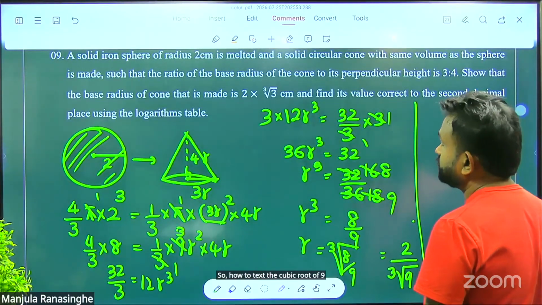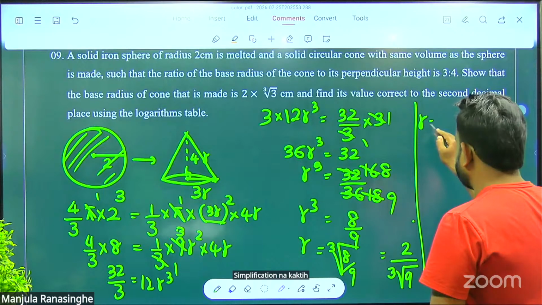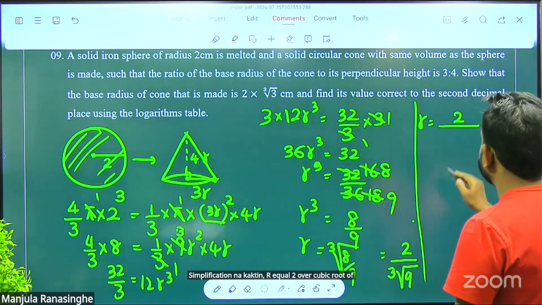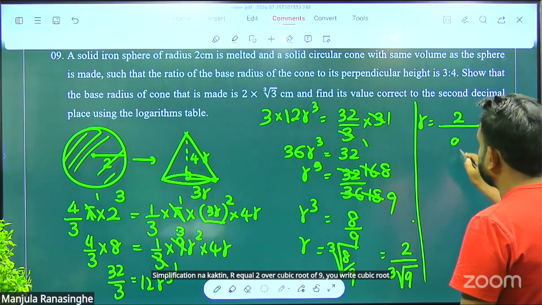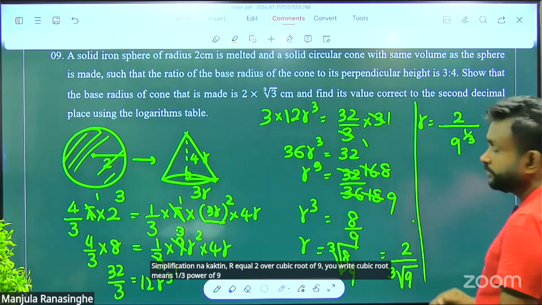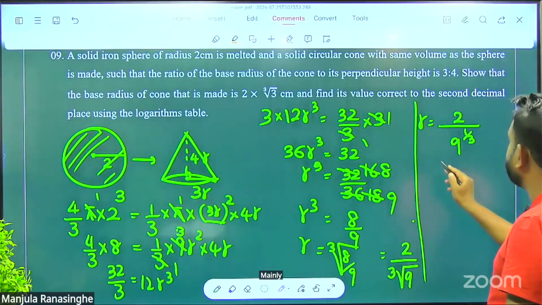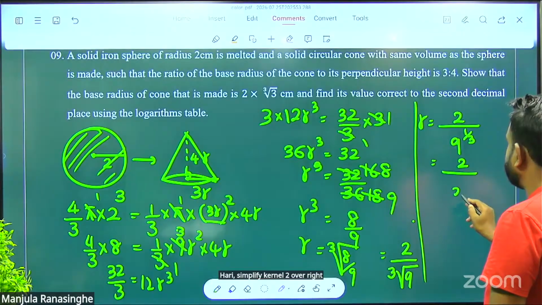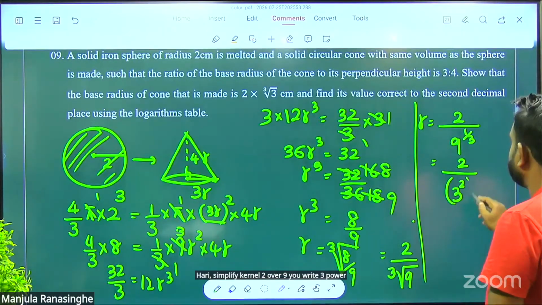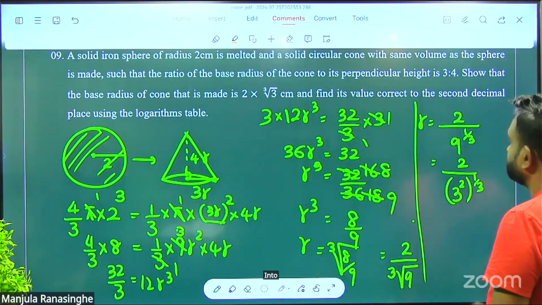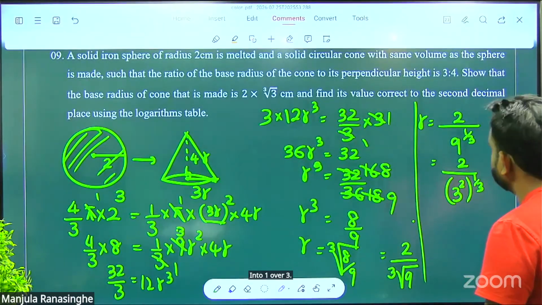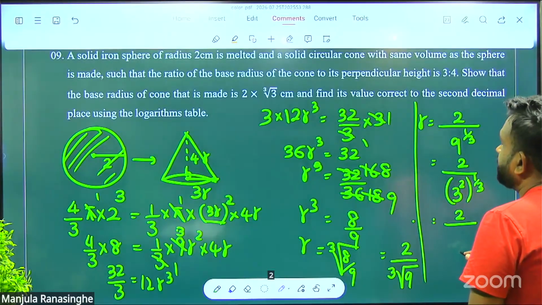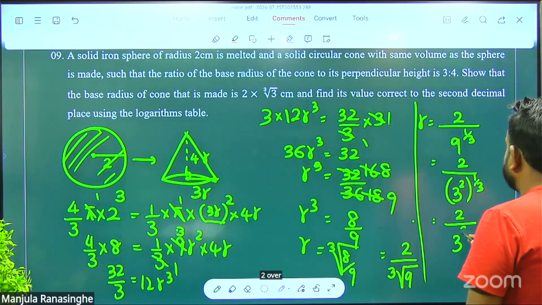It can be simplified: r equals 2 over cubic root of 9, cubic root means the power 1/3, so 9 is 3 to the power 2 into 1 over 3, giving 2 over 3 to the power 2/3.